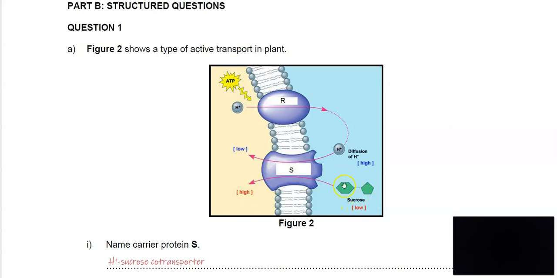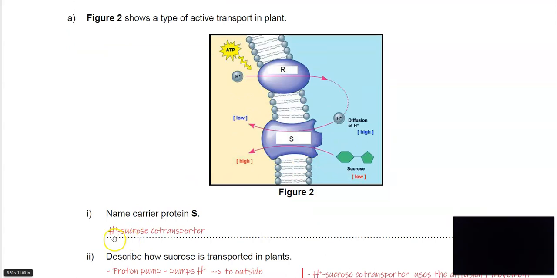So in order to bring sucrose into the cell, it requires hydrogen ion to move along together with it through this co-transporter. So remember, when writing the name of this co-transporter, you always have to write the ion first. So in this case, the ion is hydrogen ion. So hydrogen ion sucrose co-transporter. Co-transporter is referring to this transport protein.